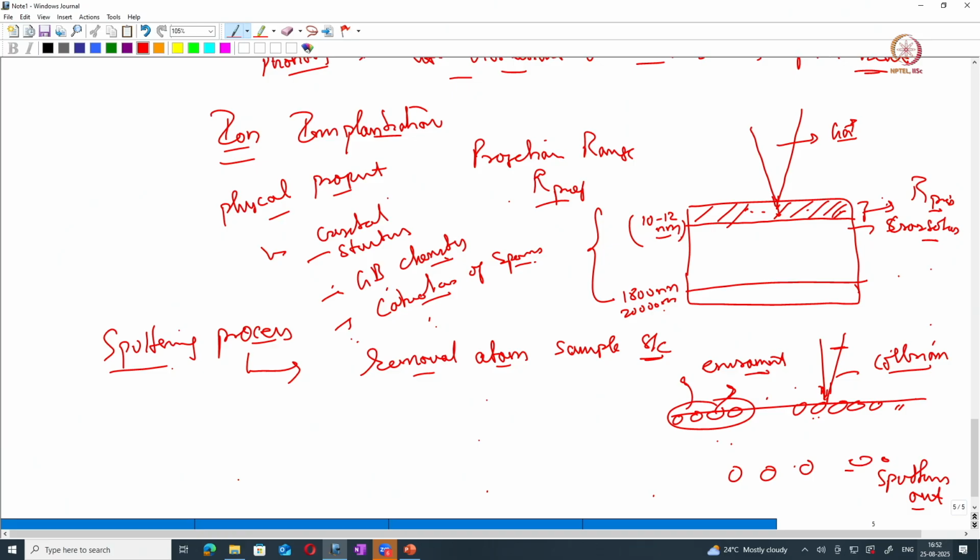So the rate of the sputtering process depends upon the surface atoms needing enough energy for sputtering to take place, and also the surface atoms' binding energy.